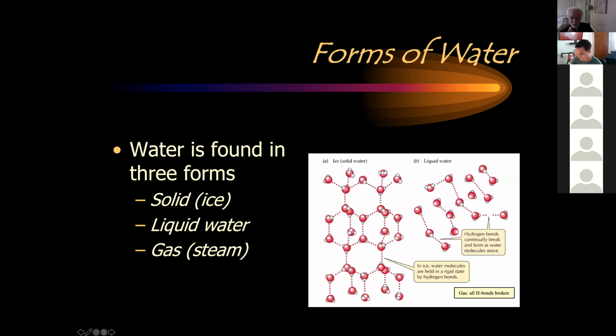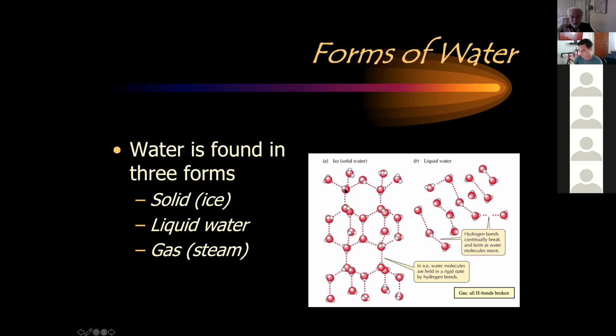Now, this is important. It will come up again, the three forms of water and why they are the way they are. If water is solid, if it's ice, it means all the water molecules are hydrogen bonded to other water molecules. They are compacted.